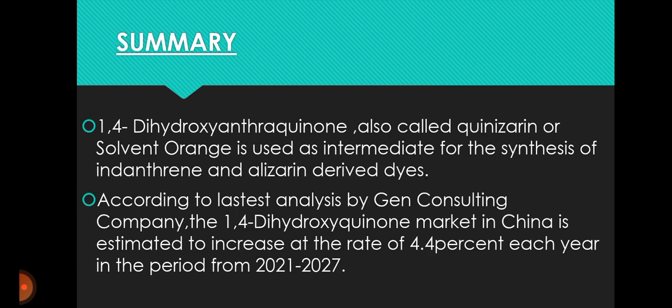So that brings me to the end of my presentation. We looked at all the points, which include the introduction of 1,4-dihydroxyanthraquinone, what it basically is: a kind of quinone and derivative of anthraquinone, which is produced by the replacement of hydrogen by hydroxyl groups.